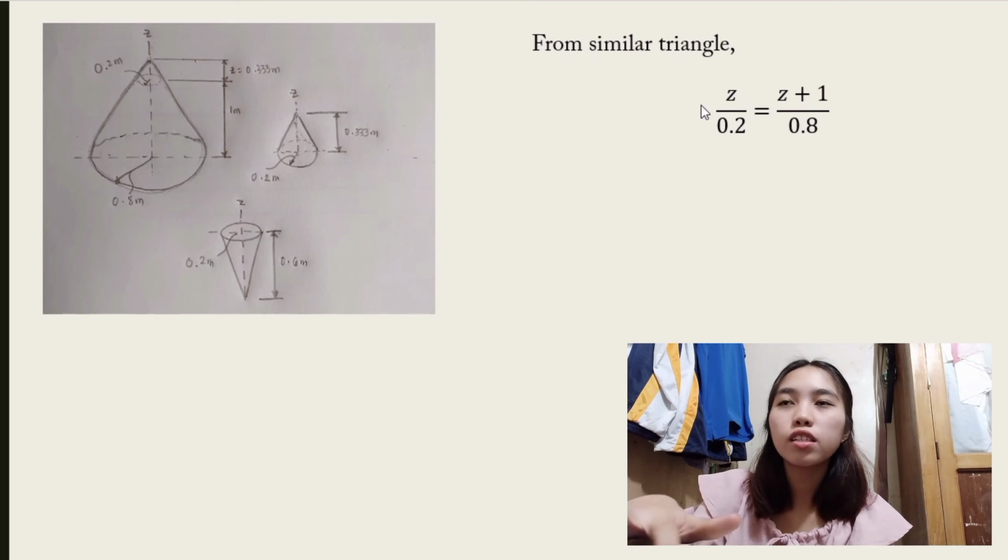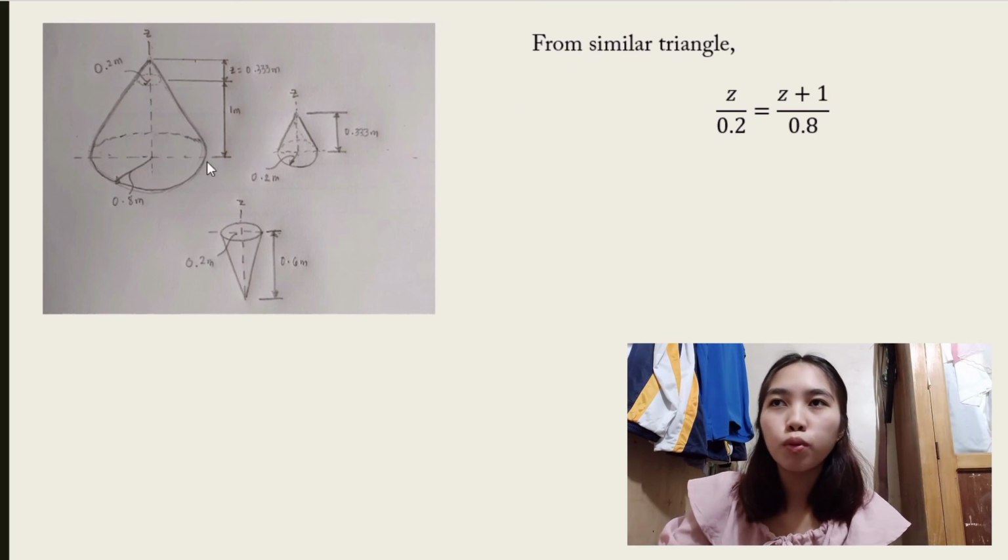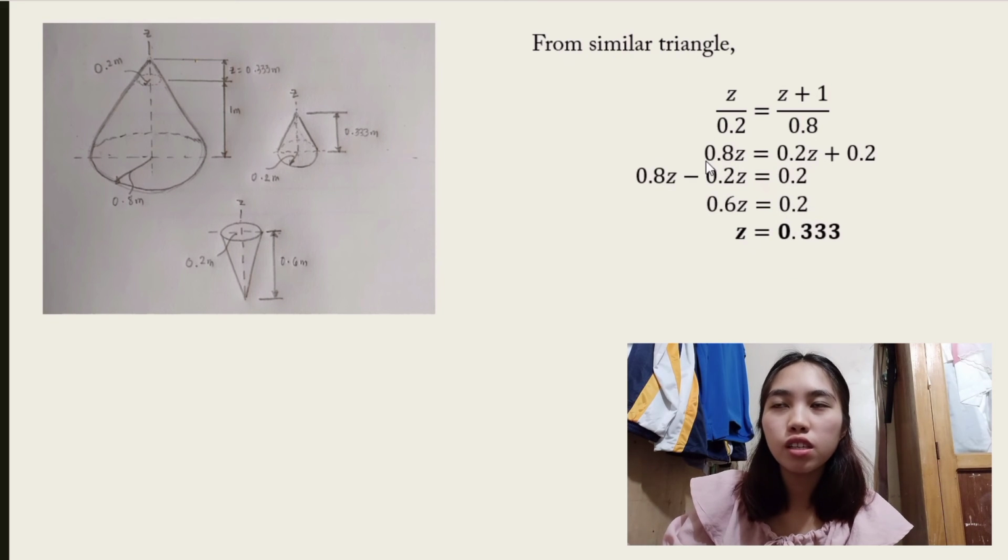In order to get the z, we just have to transpose the value of h. So 0.8z, and 0.2 times z plus 1 equals 0.2z plus 0.2. So just transpose it to the left, then divide it. So z is equal to 0.33.